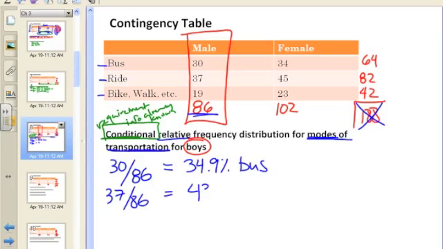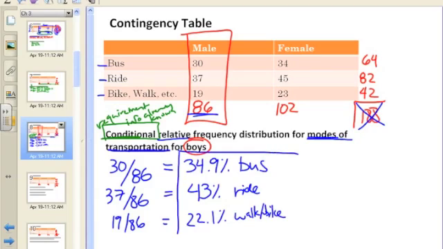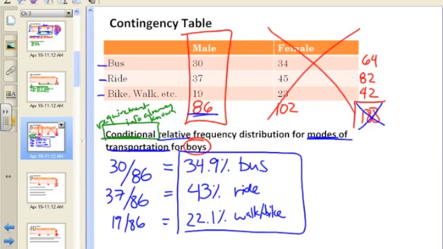That makes about 43% that get a ride. And 19 out of 86, or 22.1%, that walk or bike. So again, this information here, this is my conditional relative frequency for transportation of boys. Again, because it said boys, I ignored the girl part altogether and just focused on how transportation is distributed or split apart for boys.